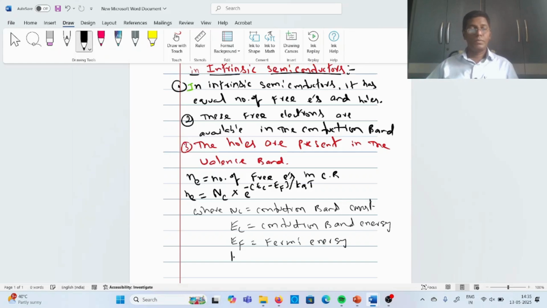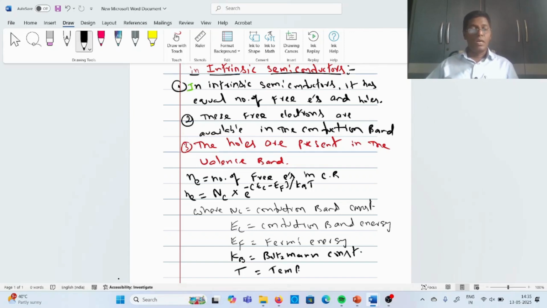Then Kb is equal to Boltzmann constant, and finally T is the temperature.